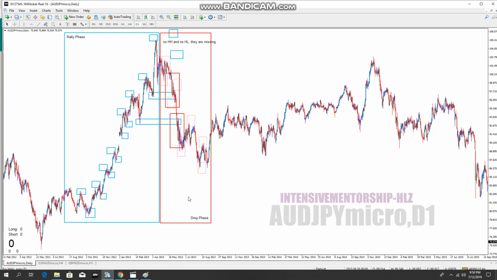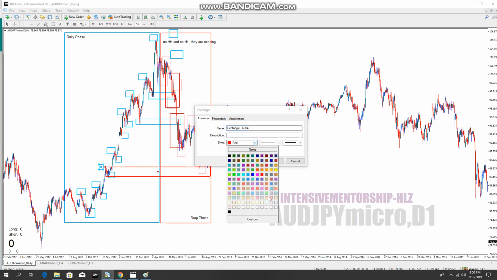Remember, whenever there is a structure breaker, it's a signal telling us that the price is changing phase. There's a structure breaker, and then look here, the price has been held by this demand, and then the price starts going up again.